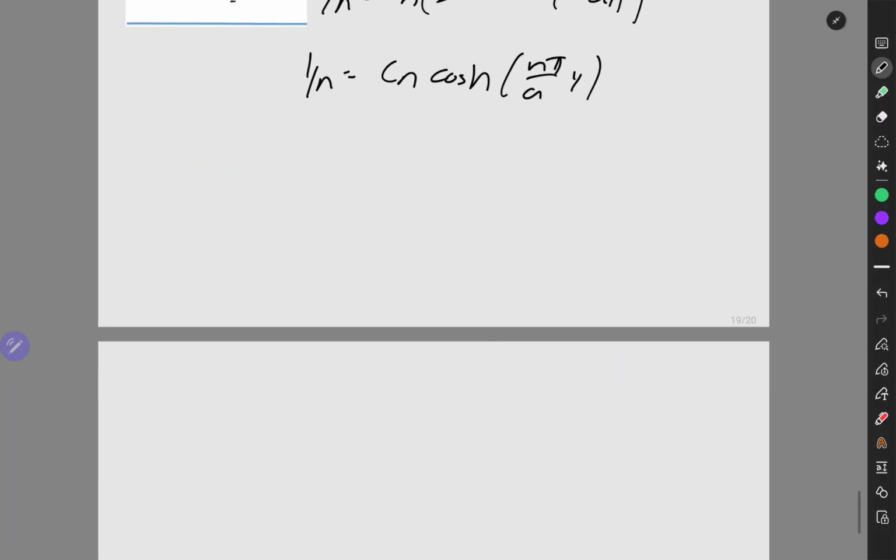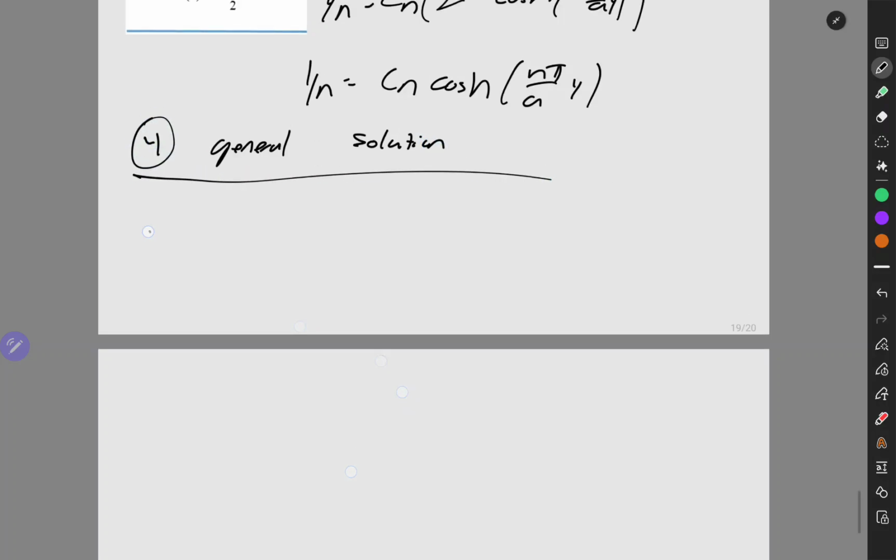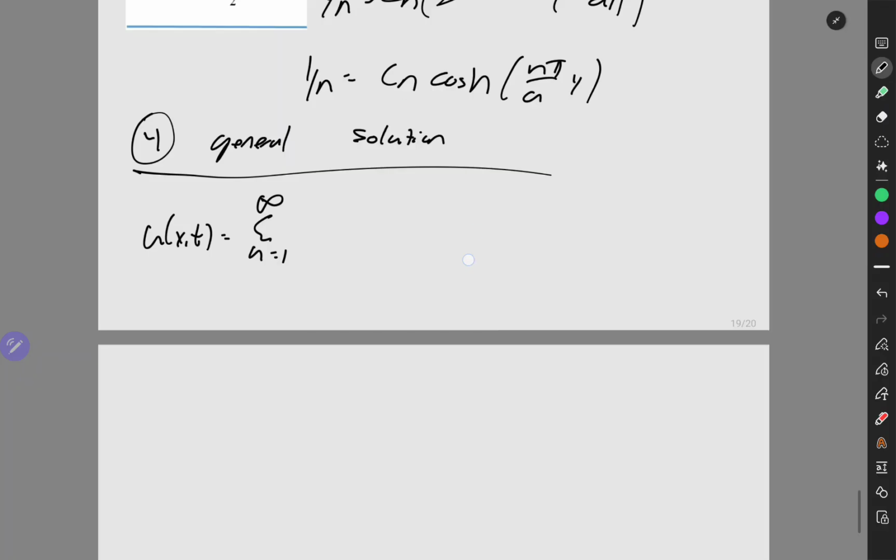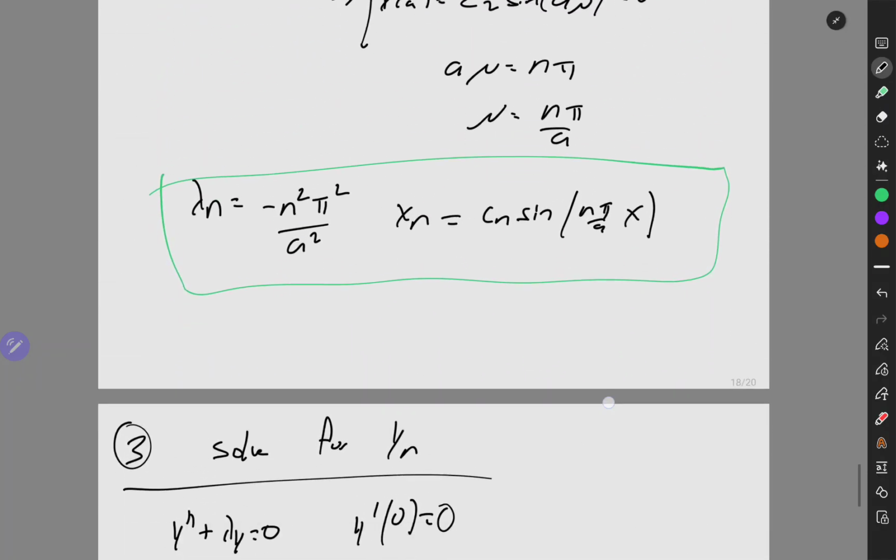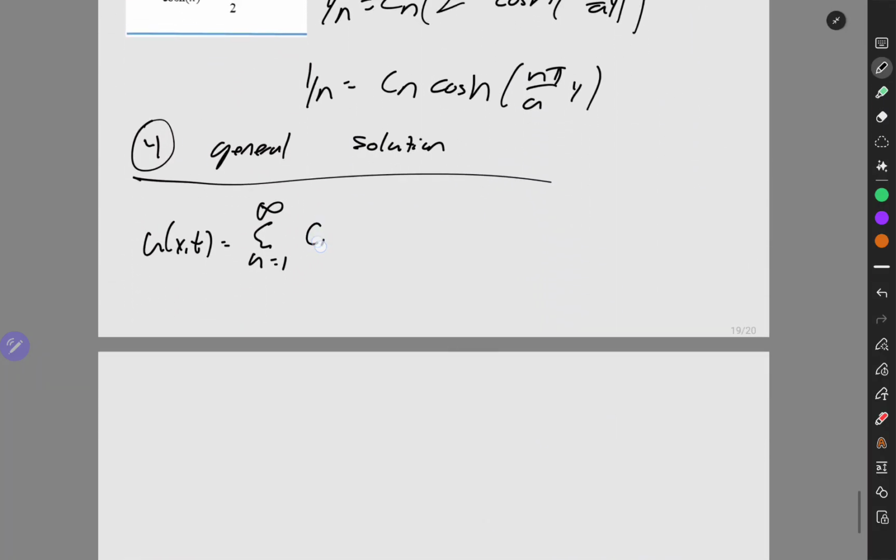So now from here, we can write the general solution. I'm going to skip right to the general solution. You understand the fundamental set of solutions, right? We're going to write the summation notation. We have c sub n, a new constant.